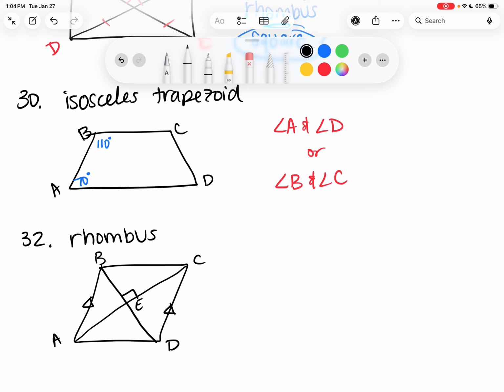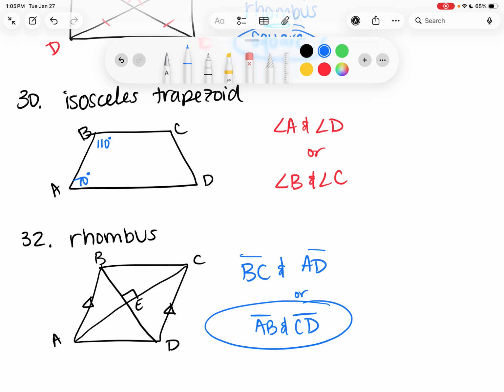That's what I just said. Yes, that would work. BC and AD or AB and CD. Now, technically, this one, because we need to show that the parallel sides are congruent, but you could also do it with that. You just have to also show then that BC is parallel to AD as well, if you're going to do that one.